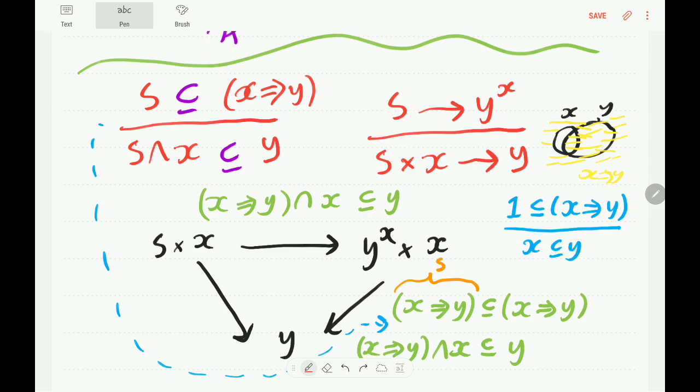If we have S as 1, there's an arrow from a terminal object to Y to the power of X if and only if there's an arrow from X to Y, because this is a pre-order. And Y to the power of X is X implies Y. So that corresponds to the relationship that 1 is contained in X implies Y if and only if X is contained in Y.